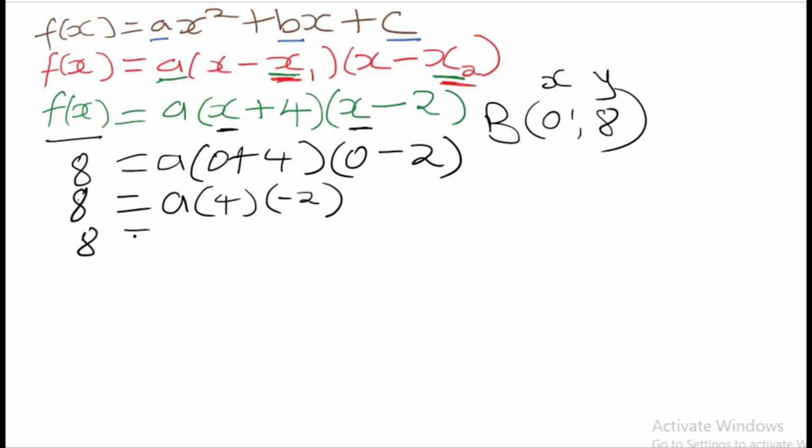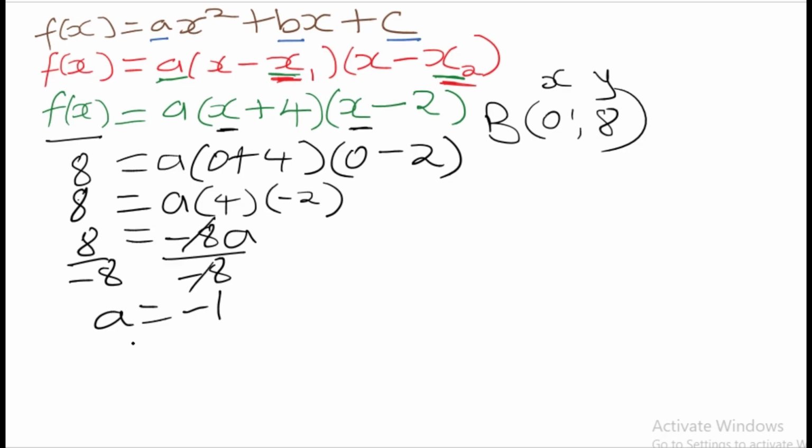Now 4 multiplied by negative 2 will give me negative 8a. Then I divide by negative 8, the left hand side and the right hand side. There they cancel. Now the value of a is equal to negative 1.